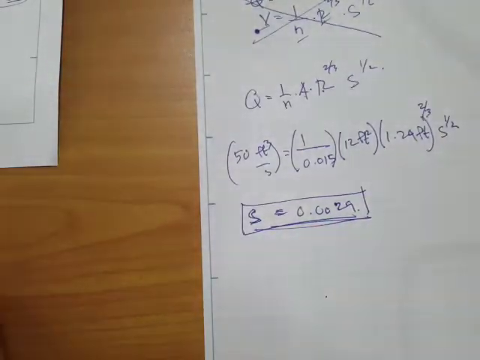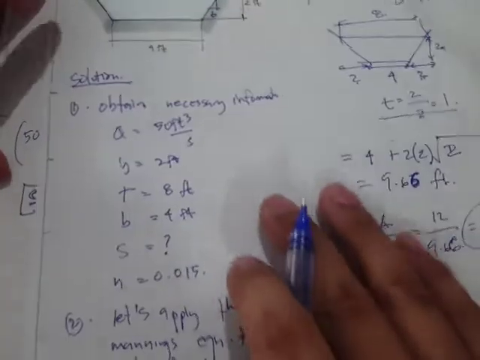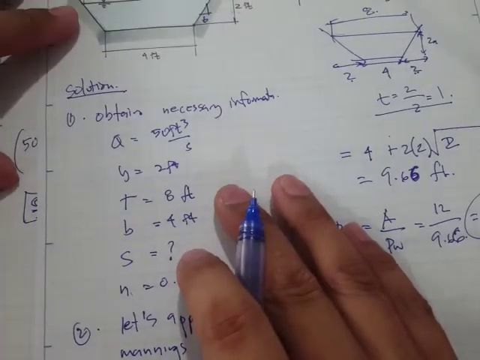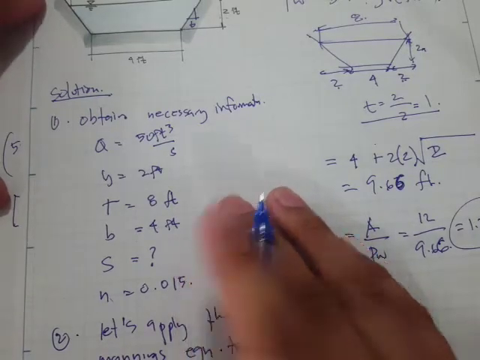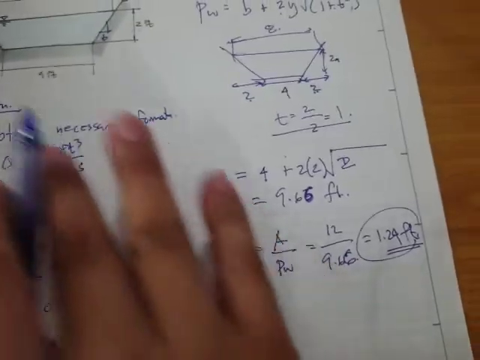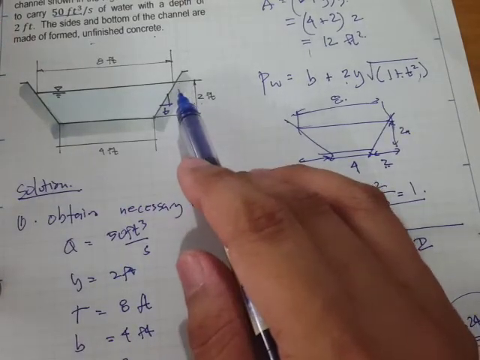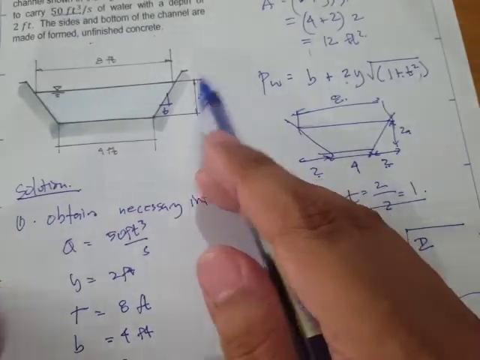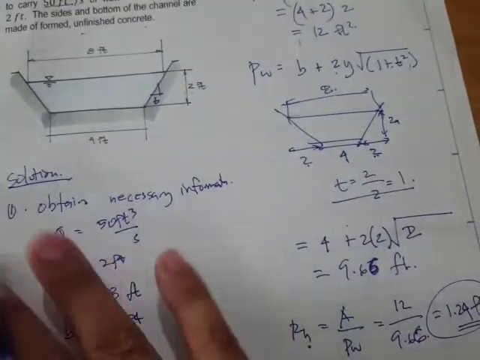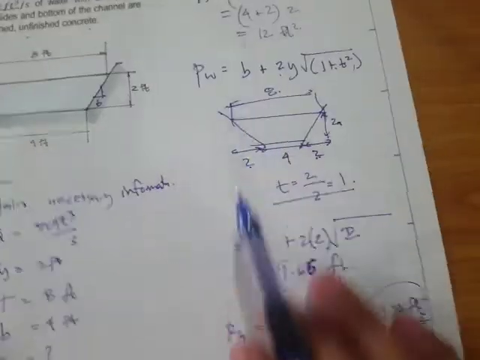Okay, so if we review what we did, we are simply using the Manning's equation and the flow rate equation, and if we encounter a more complex geometry compared to a rectangle, then we just go to the tables and apply the equations for the specific dimensions.